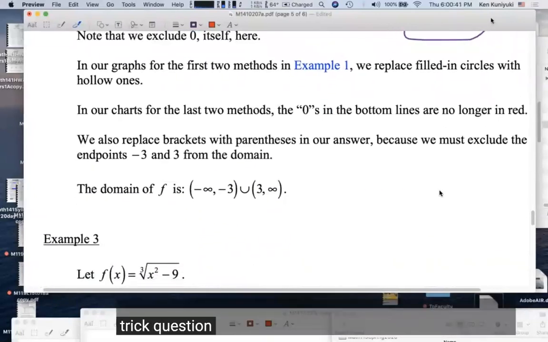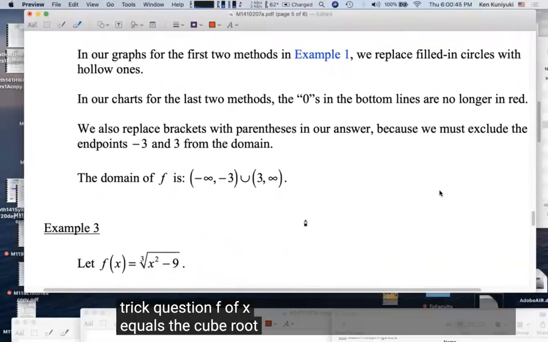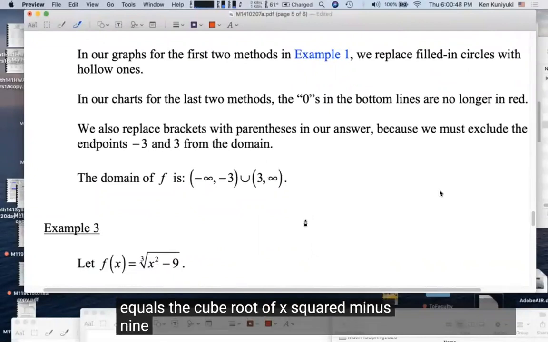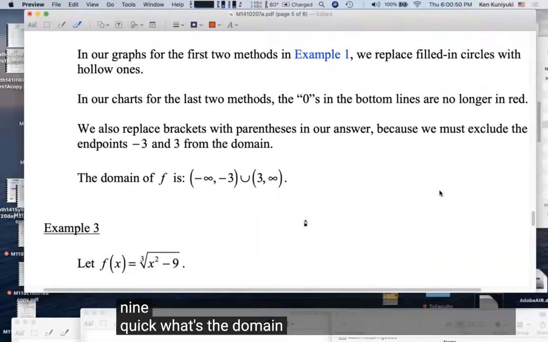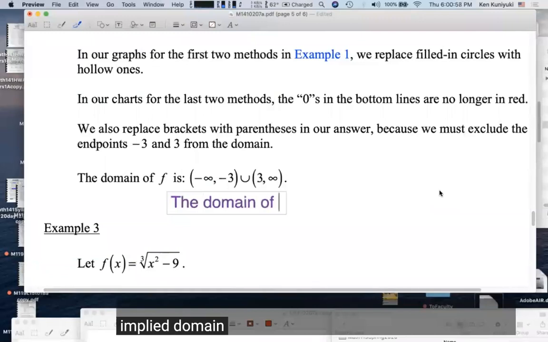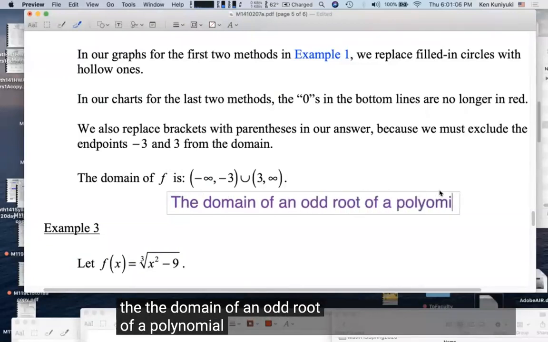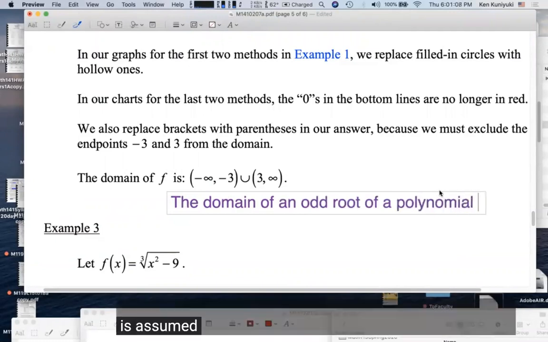Trick question. F of x equals the cube root of x squared minus 9. Quick. What's the domain? The implied domain of an odd root of a polynomial is assumed to be all reals.